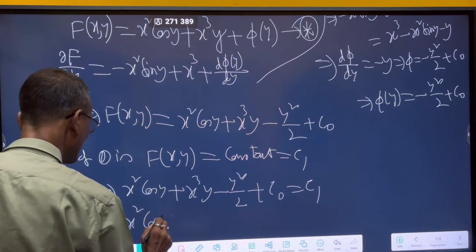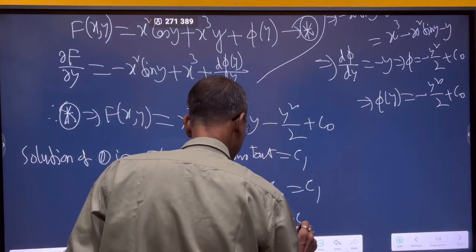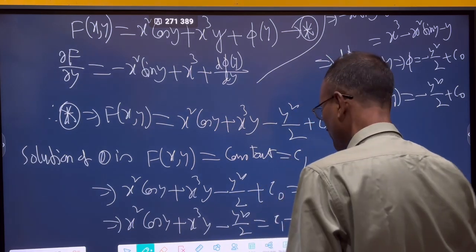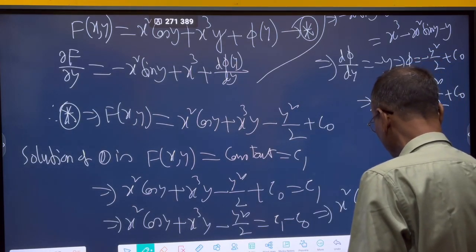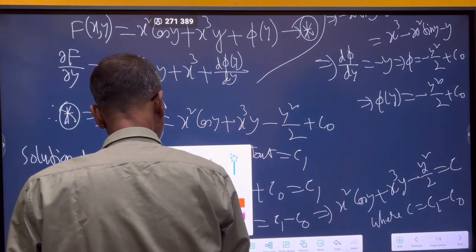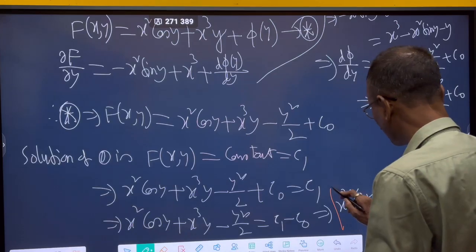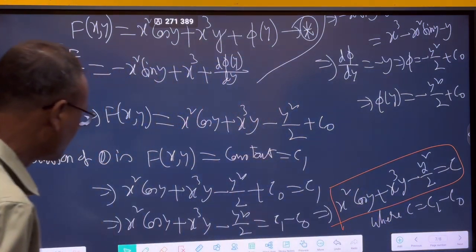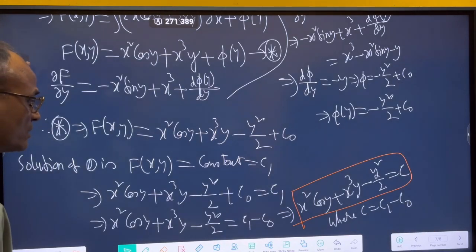This means x square cos y plus x cube y minus y square by 2 equal to c1 minus c0. Or x square cos y plus x cube y minus y square divided by 2 equal to c, where c is equal to c1 minus c0. This is the solution of the given differential equation. But you see here, what is this here?